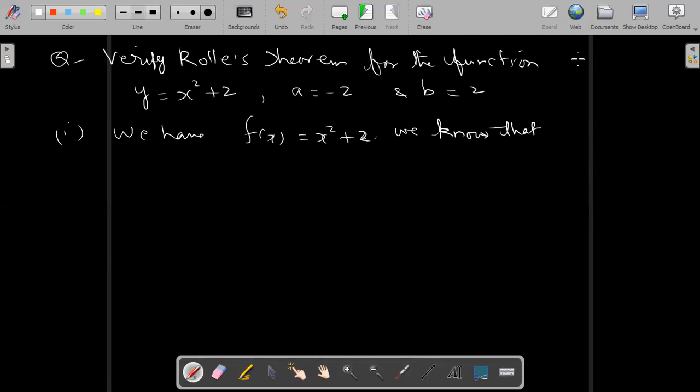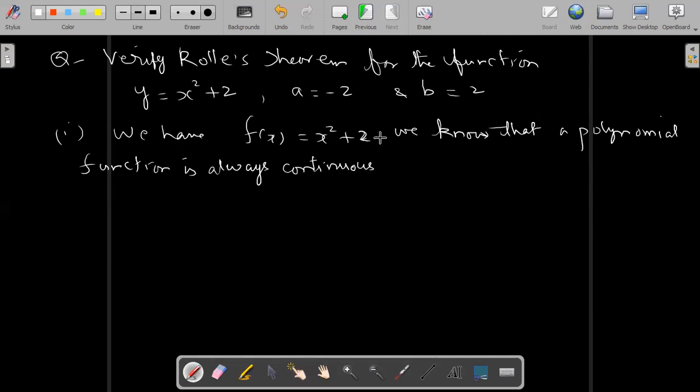So we know that a polynomial function is always continuous on the real numbers R. Therefore, we can say that f of x is equal to x square plus 2 is continuous on the closed interval minus 2 and 2.